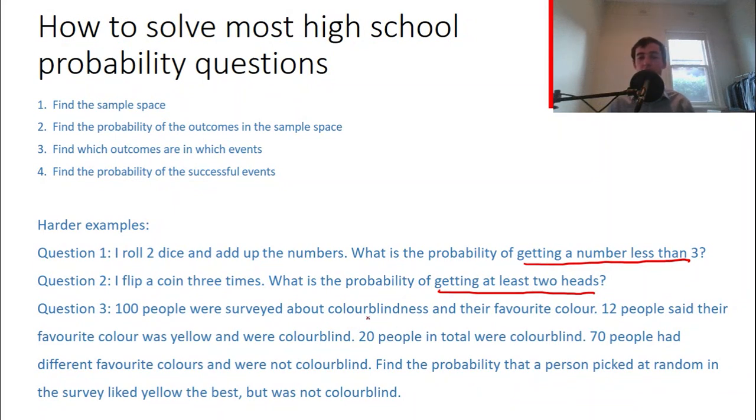The events are, if you choose a person at random, one event could be they're colorblind, and the other event could be their favorite color was yellow. And so you're asked this complicated situation: find the probability that a person picked at random in the survey liked yellow the best but was not colorblind.